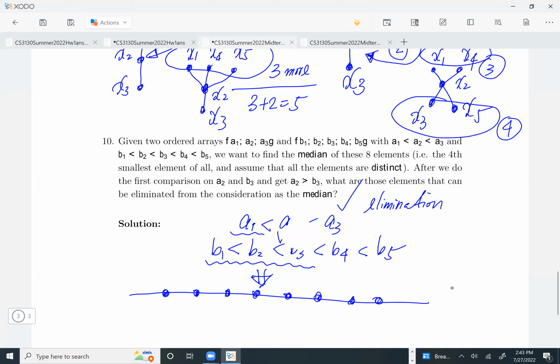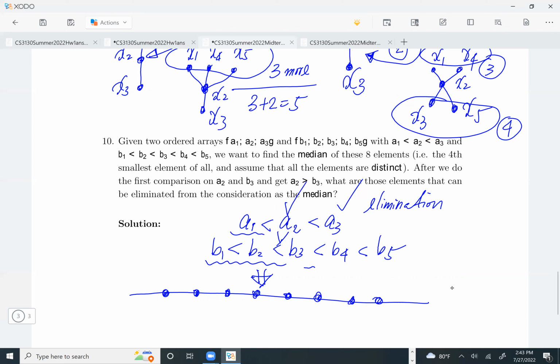x2 is greater than 4 elements: b1, b2, b3, and a1. But the median can only be greater than 3 elements, not 4. So x2 is greater than at least 4 elements, so a2 can be eliminated.